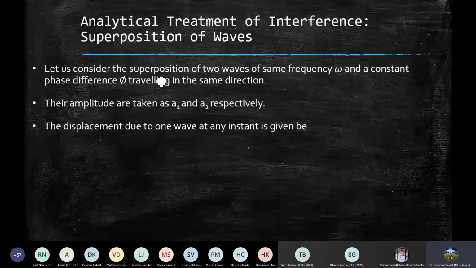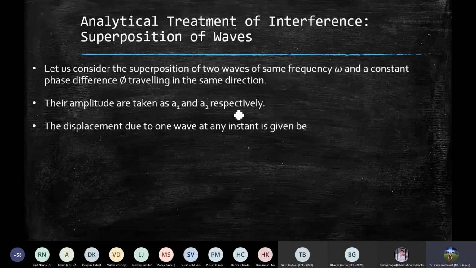So let us consider the superposition of two waves of the same frequency omega and a constant phase difference phi traveling in the same direction, and their amplitudes are taken as a1 and a2 respectively.